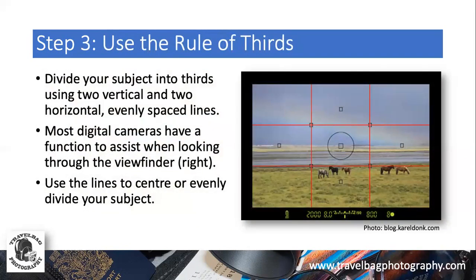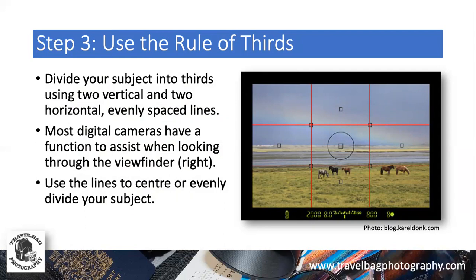Use the rule of thirds. Very simply, what the rule of thirds does is it splits your screen up into thirds, thirds vertically and thirds horizontally. And when you do this, you can put your subject in accordance with those thirds.